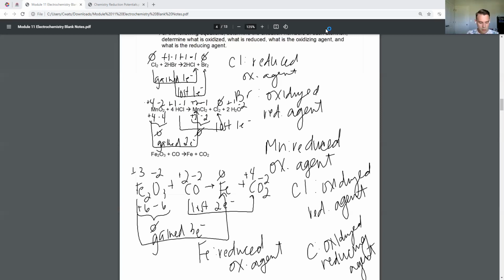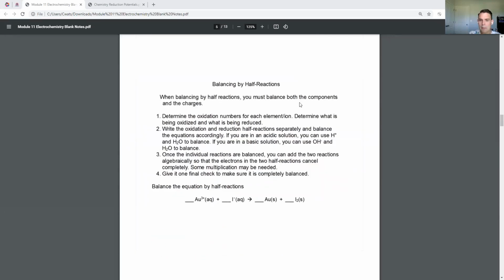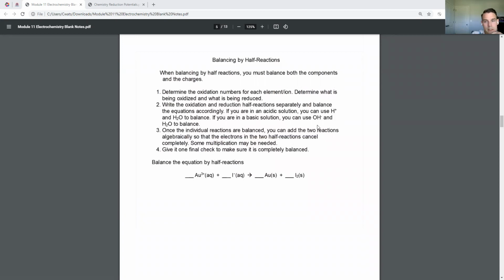Okay, so that was all review. We should have known how to do that. Now this next one, balancing by half reactions, may or may not be review. I don't remember if we did this or not, but when balancing by half reactions, the first thing you want to do is go through and give everything their oxidation numbers.